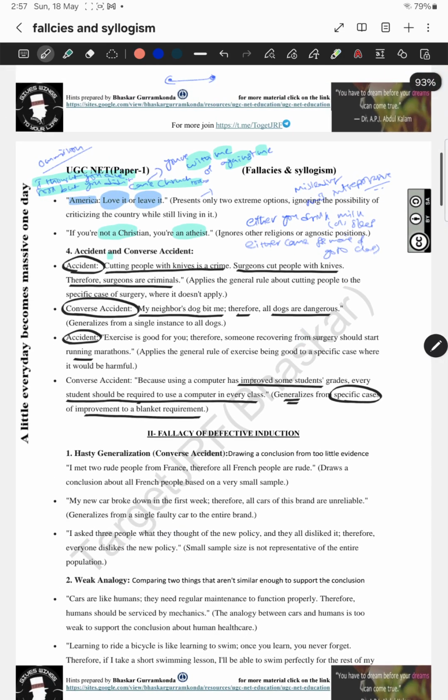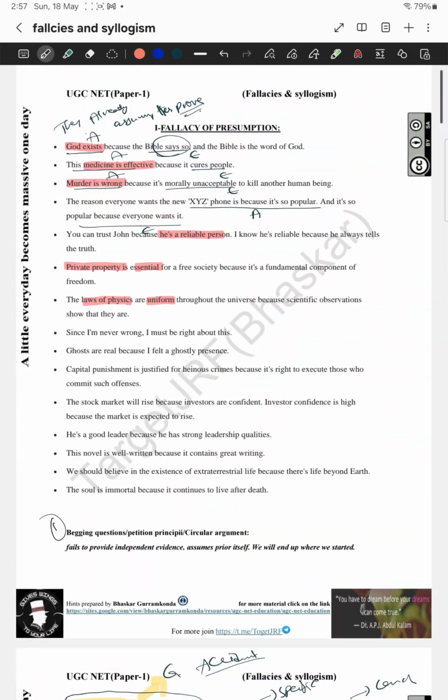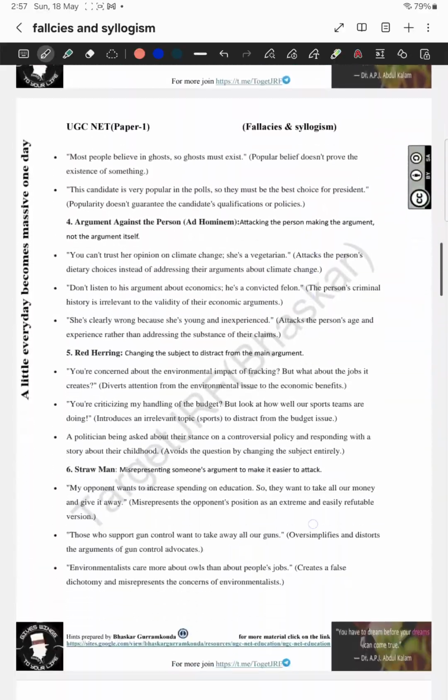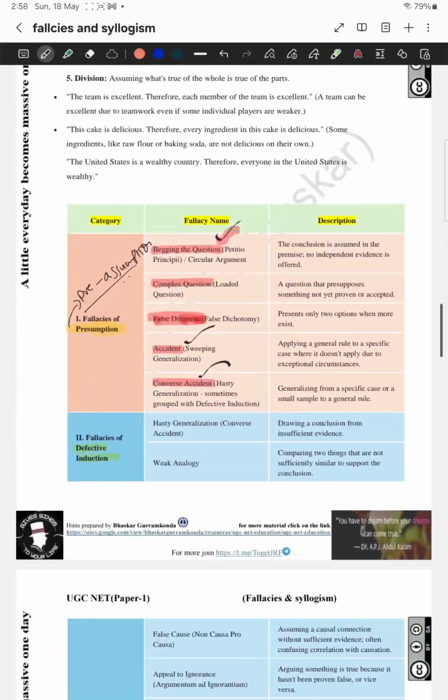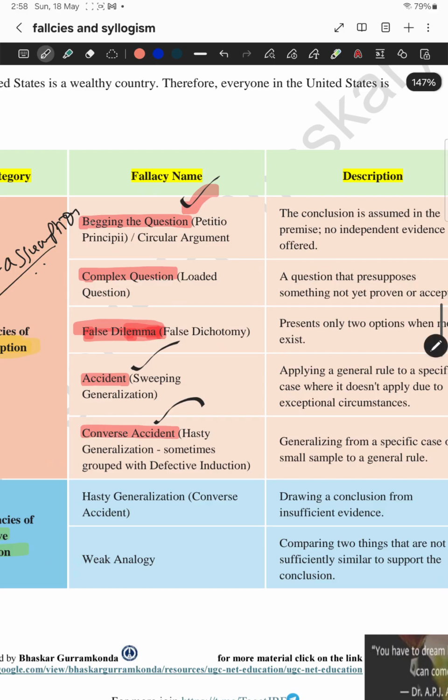Are you getting it? So these are the examples of fallacy of presumption. I hope now you understood the fallacies of presumption completely and thoroughly. Let us have a quick revision of all of those. Fallacy of presumption has begging the question, complex question, false dilemma, accident and converse accident.